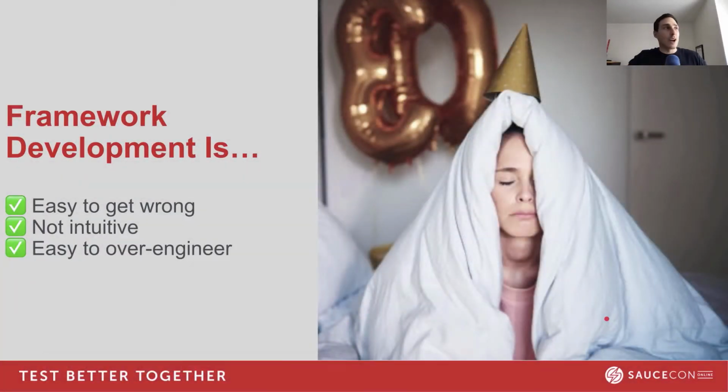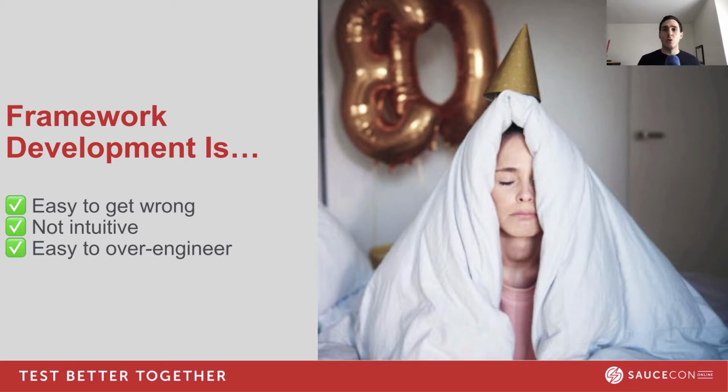So, framework development is pretty hard. For anyone here that has ever created a test automation framework, you can likely agree with me that it's not very intuitive. It's hard to know where to start, and once you start, it's hard to know where to go to.